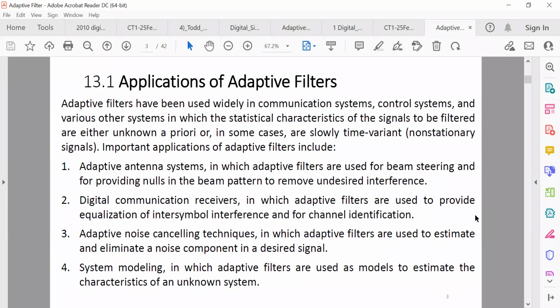Very specifically, we find out the fields where these adaptive filters are used: communication systems, control systems, and other systems where we don't have prior knowledge of the filter contents and signal statistics, and where the signal varies with the progression of time.